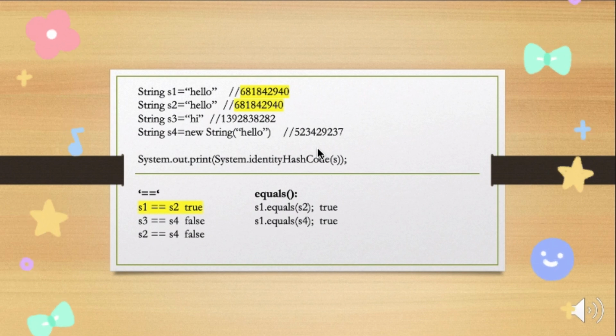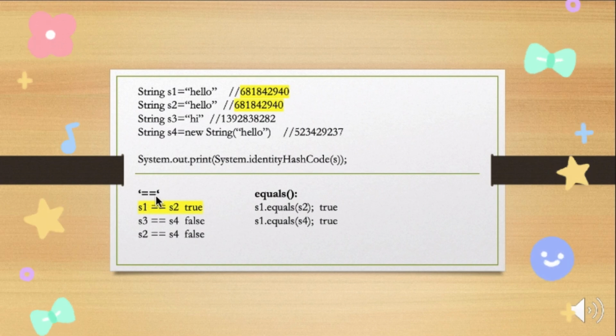So we can conclude that if we assign a string with the equal mark without using new, as long as the values are the same, the address is the same. In s3, of course, its value is different from s1 and s2, and the address is of course different. Now let's have a look at the result of both methods.